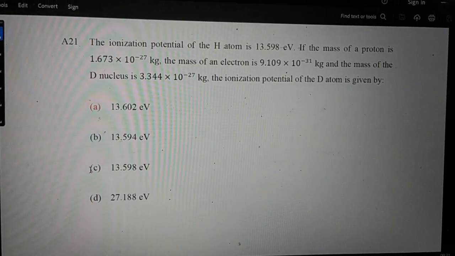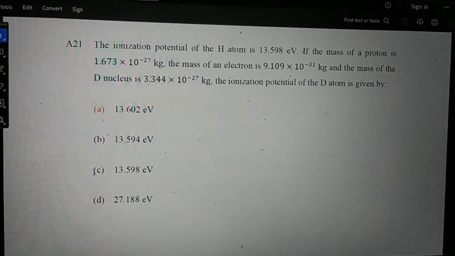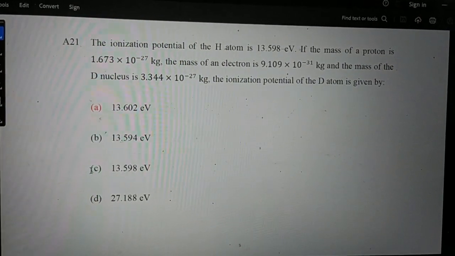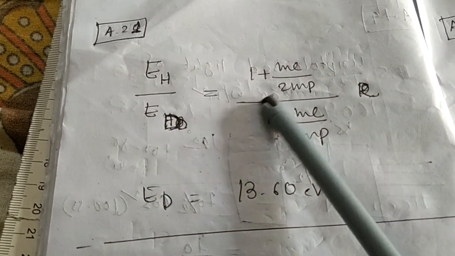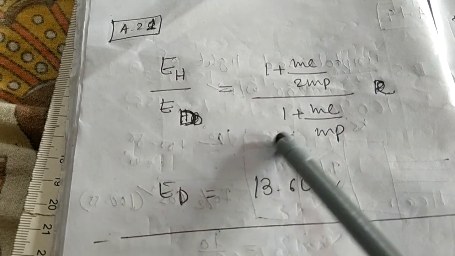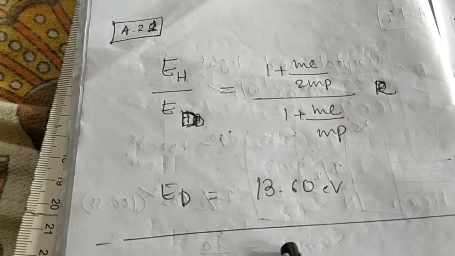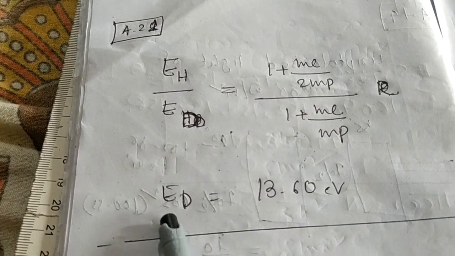This is a problem based on the Rydberg constant and the reduced mass. So this is the reduced mass for the deuterium atom, and the reduced mass for the hydrogen atom. You just calculate this, put in all the values above, and we will end up with this answer.